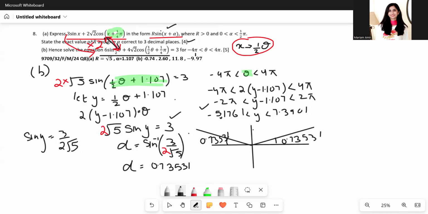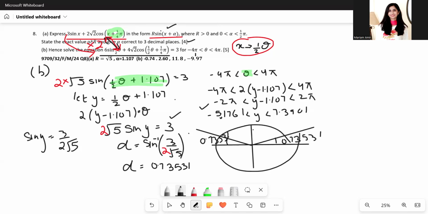That doesn't give me a solution within the domain as well. That gives me 2.4. Now what I'll do, I will make this entire round trip from here till here and check this.